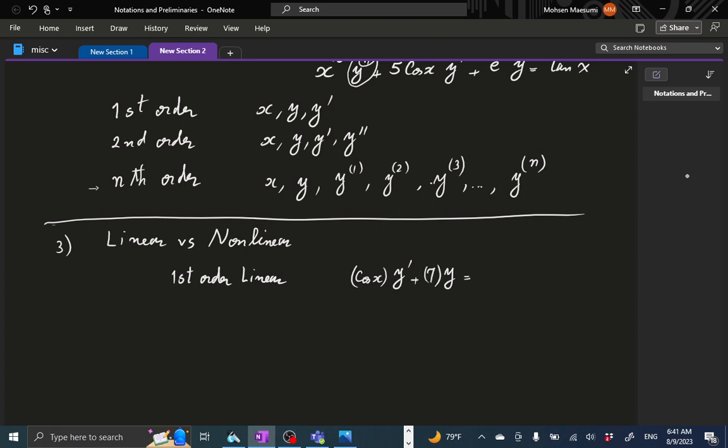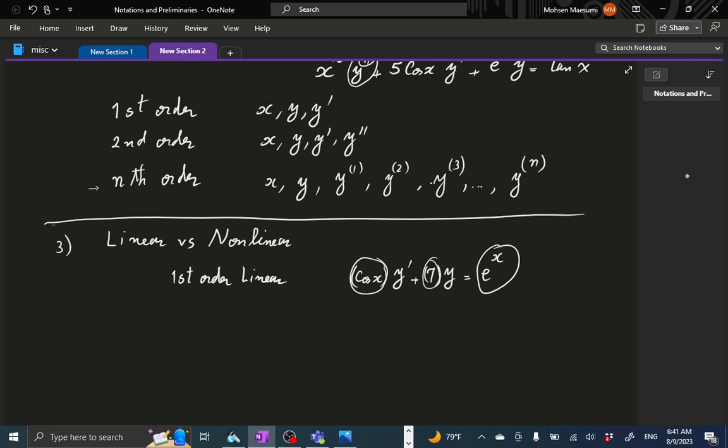Make that equal to some number or a known function again. So for example, exponential of x. You are free to choose anything in these spots, so long as they are known functions or just constants. The function that we are after, y, just shows up as itself, and then y prime also.